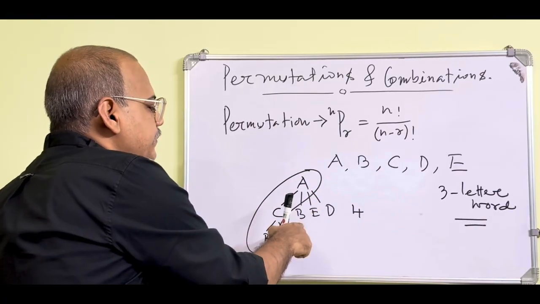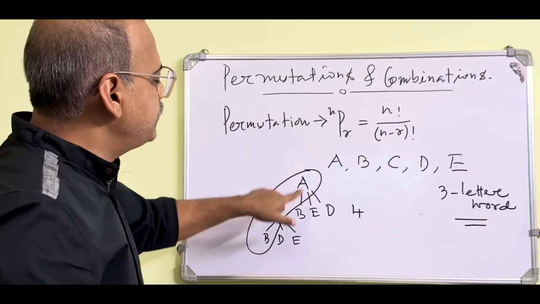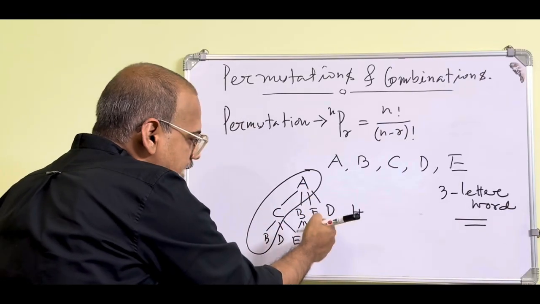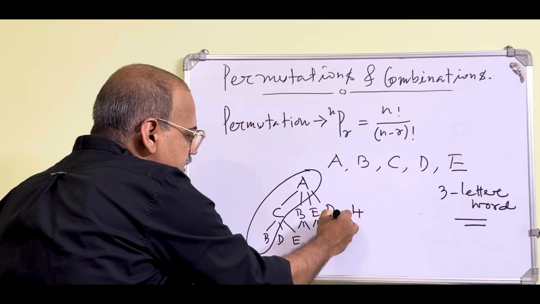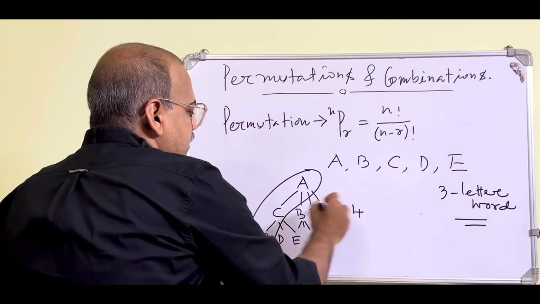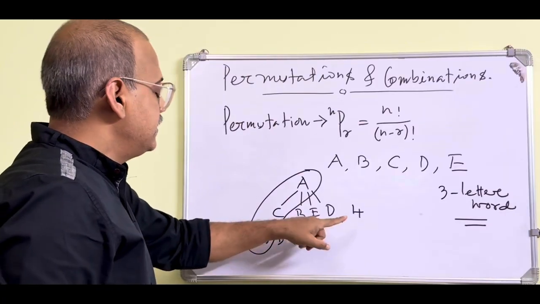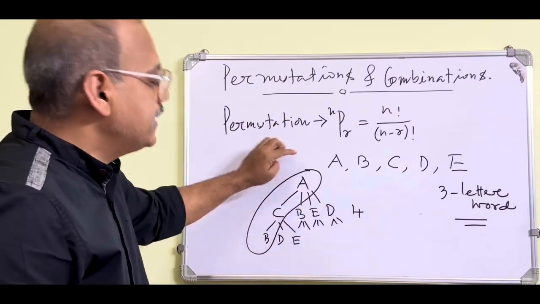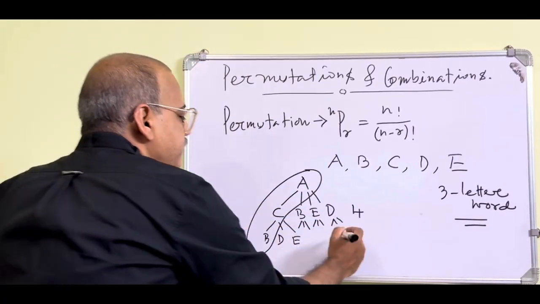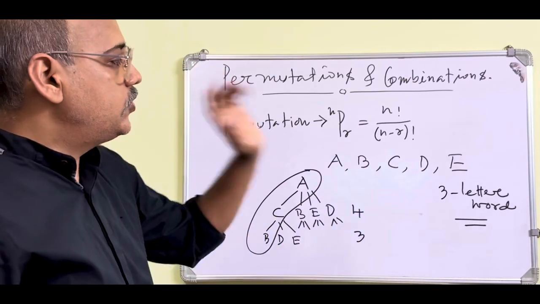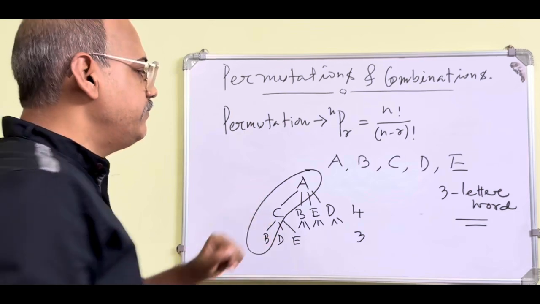Likewise, if I choose a different path, let's say instead of C, I choose B, so A, B, I again have three options here. So how many such three-letter words can be formed starting with A?